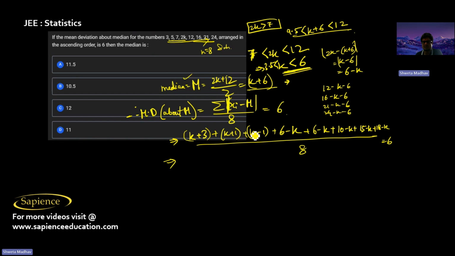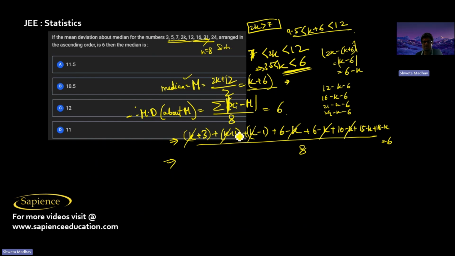Therefore, here you can see that plus k and minus k will get cancelled, and here also plus k and minus k will get cancelled. Plus 1 and minus 1 will also get cancelled.